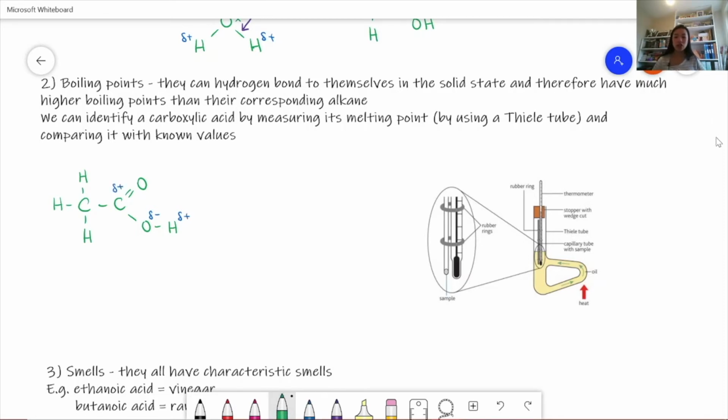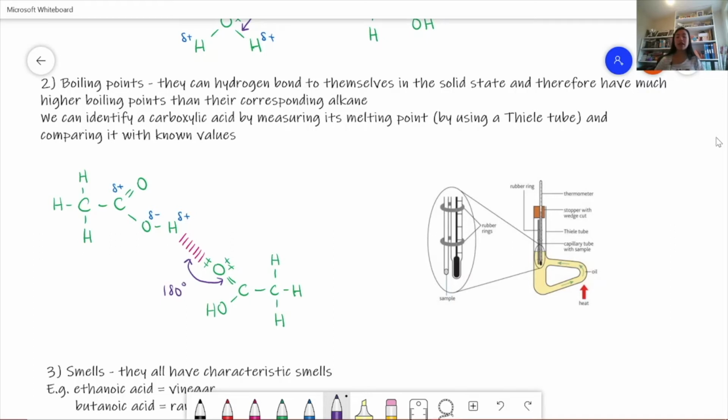And then we can draw a hydrogen bond to another ethanoic acid molecule. So we have 2 electrons, the oxygen, and this is double bonded to the carbon of this other ethanoic acid. And so we have CH3 and OH. And again, note that this angle here is 180 degrees.